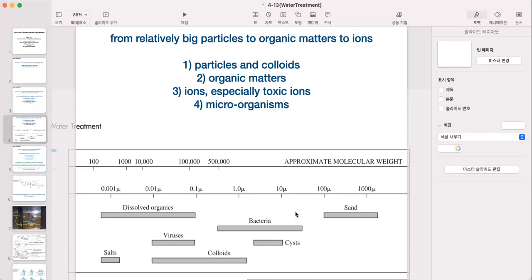So we have a particle, and we would like to remove it before we drink it. What kind of process do we need? We need time to wait until all the particles are removed out of the water. That's more than enough.